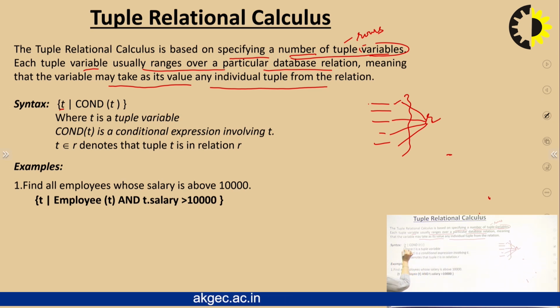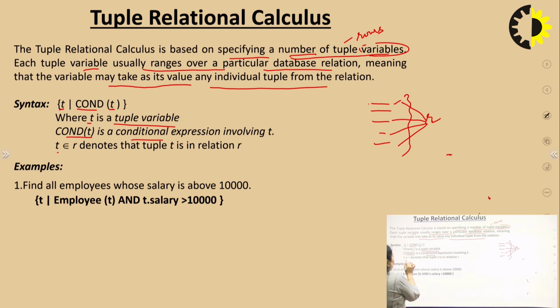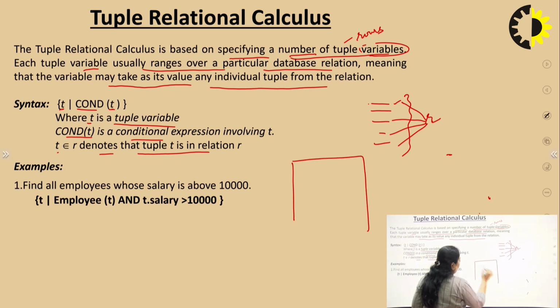t is a tuple variable, and a condition is applied on this variable t. Here t denotes that tuple t is in a relation R. Suppose we have a relational database R, which is a table, with rows T1, T2, T3, T4.